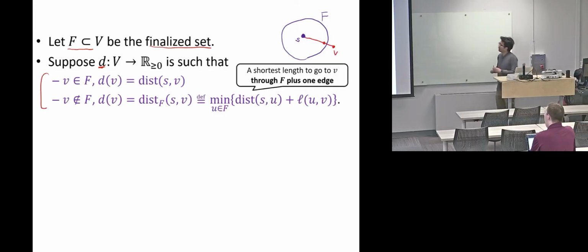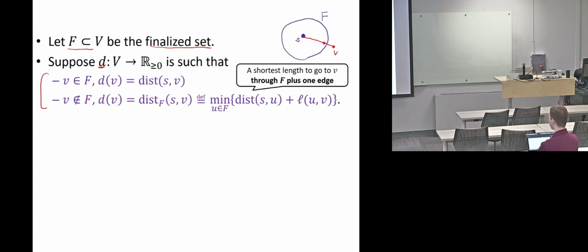That is, we try to make sure that our estimate D, the position of each node, or the estimate of the distance, is such that for every node that is finalized, the estimate of that node is the correct distance. How about the ones that are not finalized yet?